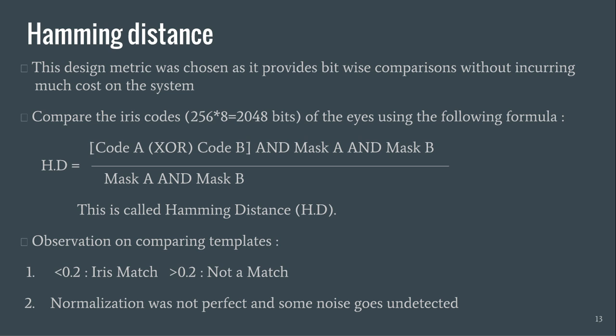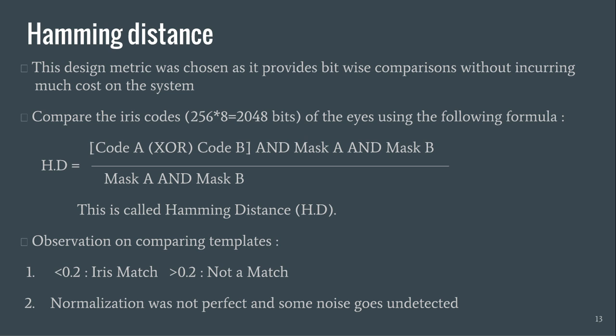And it divides by the mask of both iris codes. While performing this algorithm in my software for iris recognition, I observed that if you get a Hamming distance of less than 0.2 while comparing two templates, then there will be an iris match, otherwise there will not be a match.